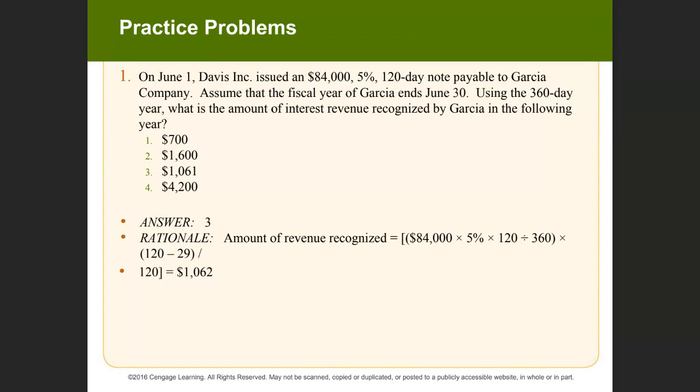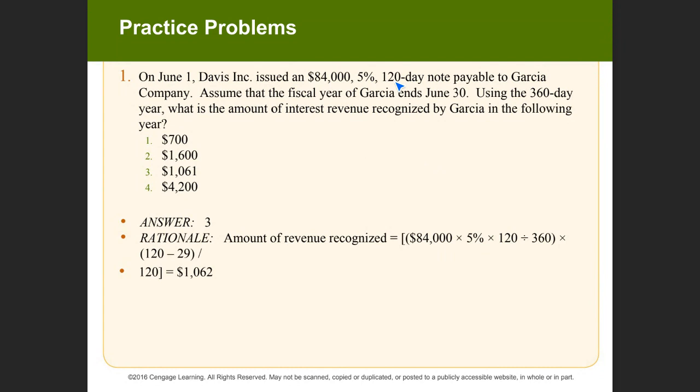So to find the amount of revenue recognized by Garcia, we're going to take this 84,000 times 5%. We're going to multiply that by 120 because this one says it's a 120-day note.